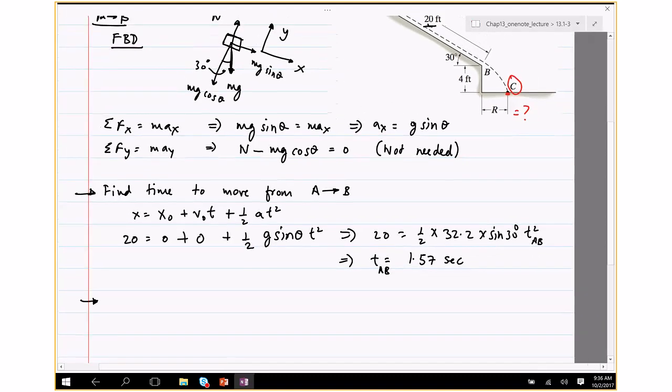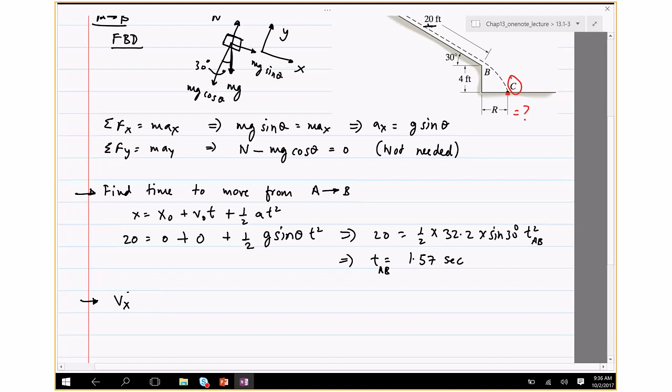Okay, I would also need to find the velocity at B, because if I know the velocity at B, then I'm set up to find the time it takes from B to C as well as find the distance R. So I find the velocity at B. So velocity in the x direction, I could do it multiple ways.